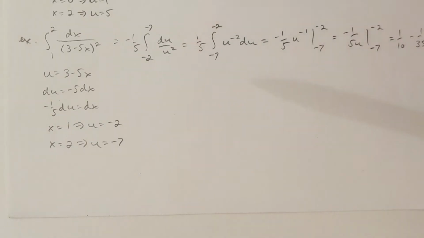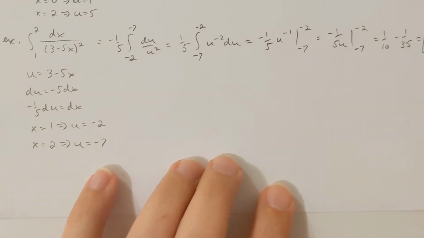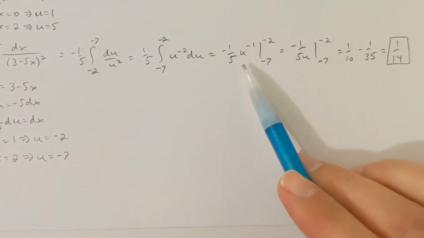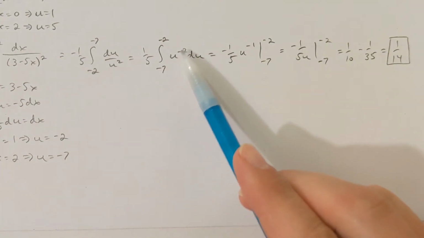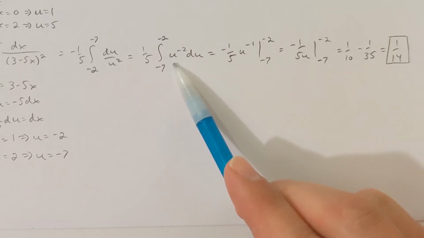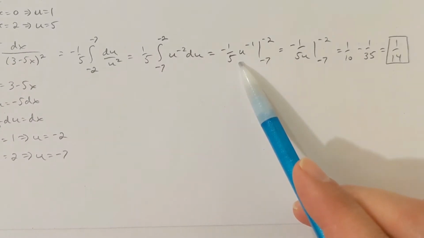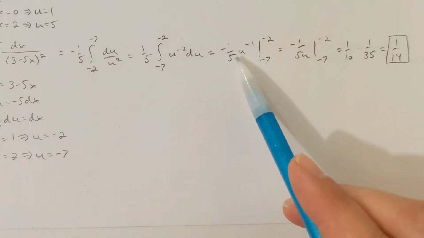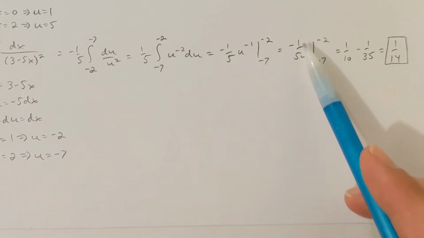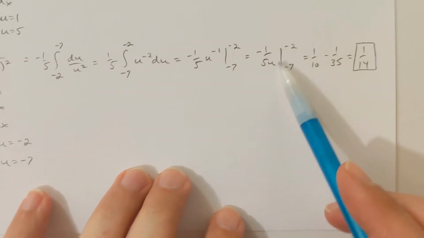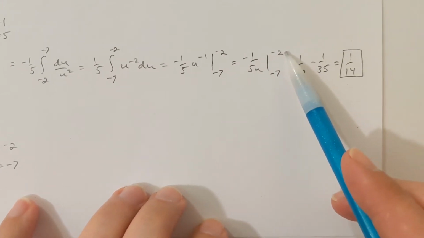1 over U squared is the same as U to the negative 2nd. And so now I can get my antiderivative. It's going to be U to the negative 1 divided by negative 1, multiplied by 1/5. That'll give you negative 1 over 5U, and we're evaluating that from negative 7 to negative 2.